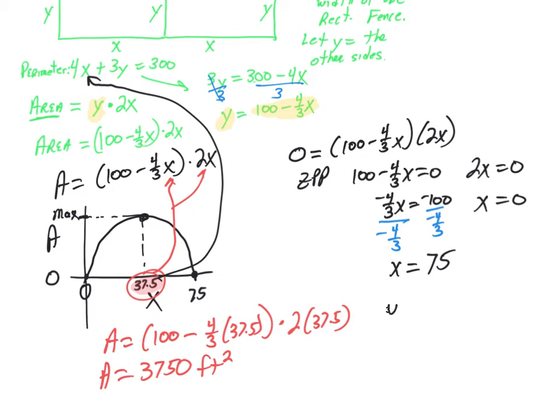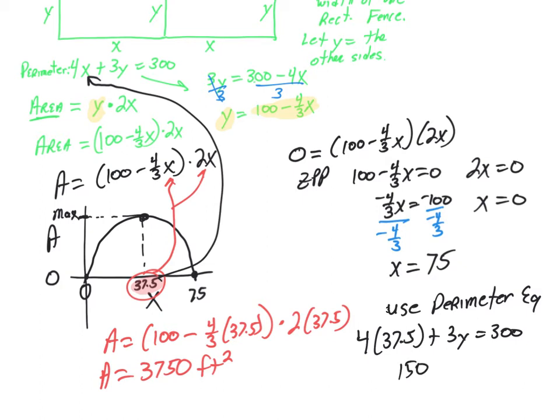If I use the perimeter equation, 4 times 37.5 plus 3y equals 300. 4 times 37.5 is 150, plus 3y equaling 300.